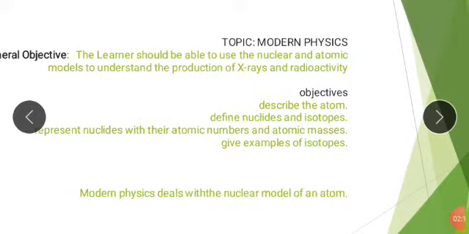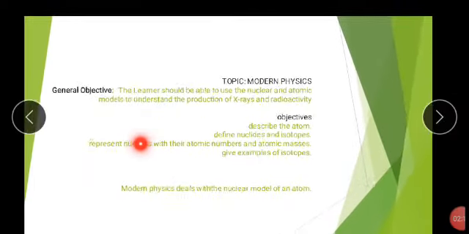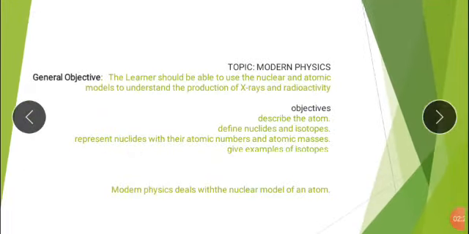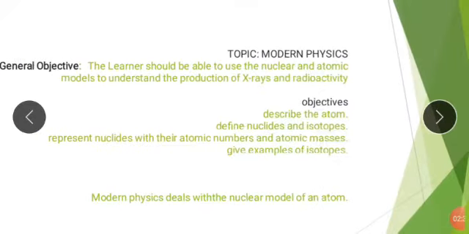You should be able to define nuclides and isotopes. You should be able to represent nuclides with their atomic numbers and atomic masses. You should be able to give examples of isotopes.